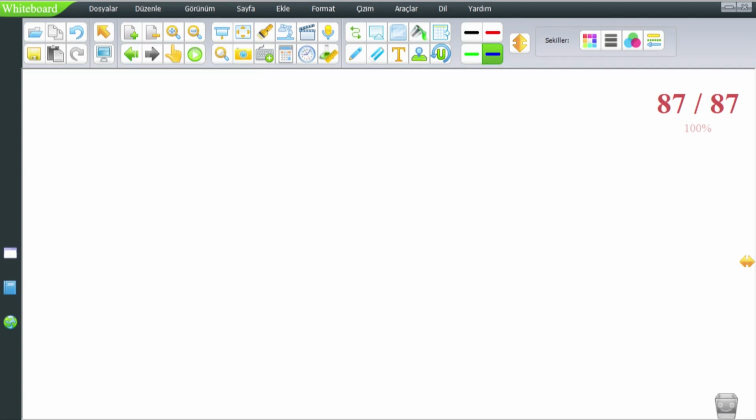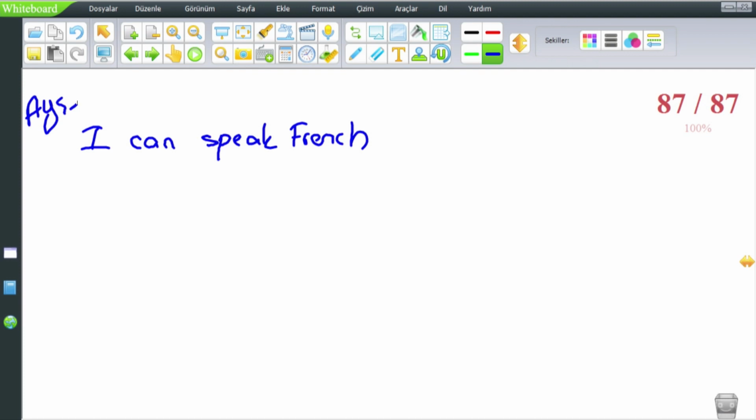By the way, we also use modals with reported speech. And how do we deliver them in reported speech? The direct sentences, for example, I can speak French, Ayşe says.